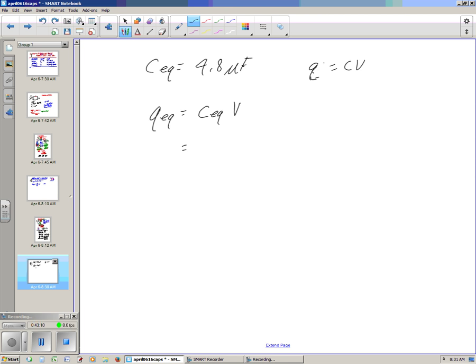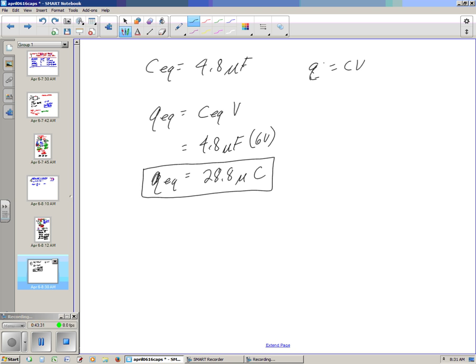So we plug in 4.8 microfarads times 6 volts, and we find that Q equivalent ends up as 28.8 microcoulombs, not microfarads, but microcoulombs.